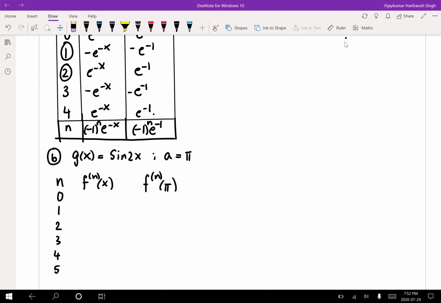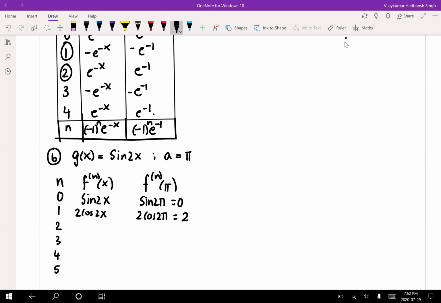So let's compute this. What is the first derivative? The zero derivative is the function itself, and this is going to be sine of 2 pi, which is 0. The first derivative is 2 cos 2x, and when you put pi, you get 2 cos 2 pi, which is 2.